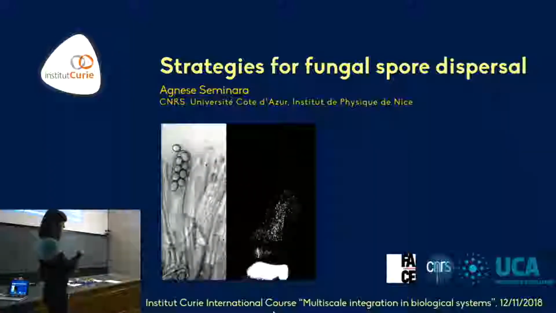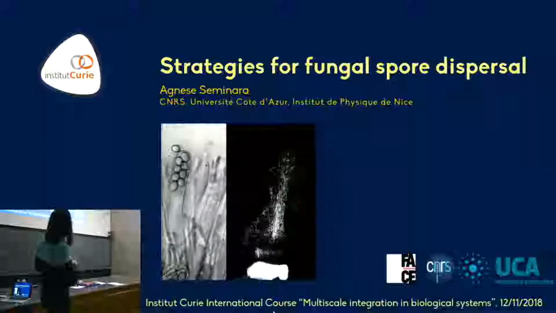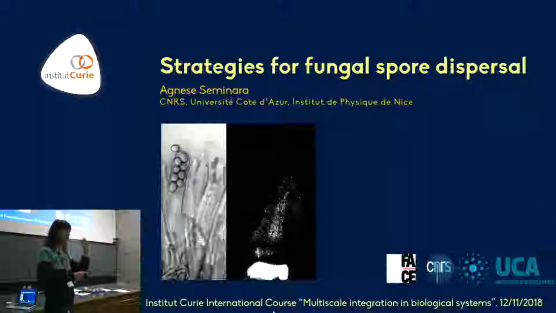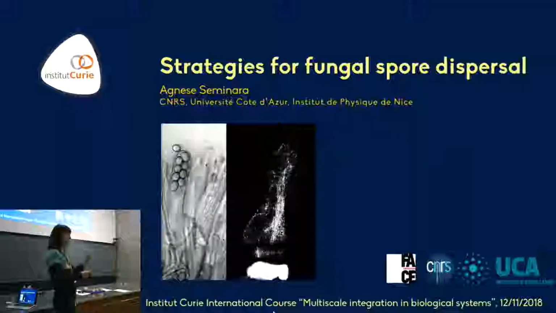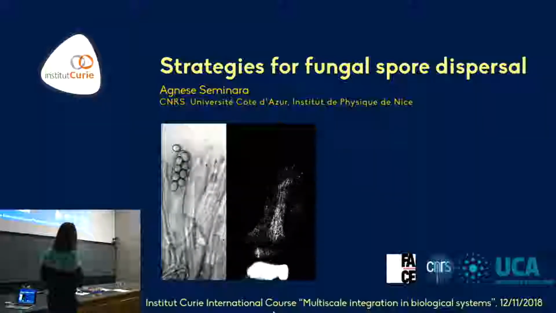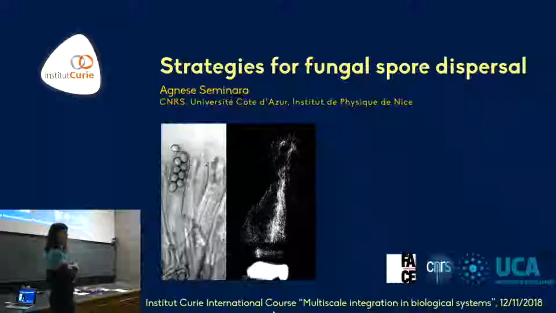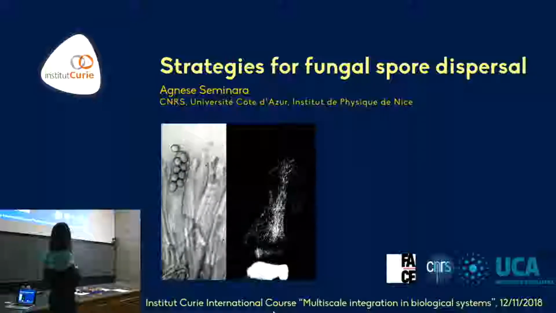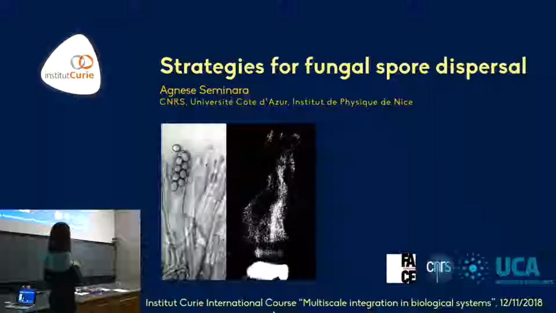I'm going to talk about fungi. I'll tell you why fungi are awesome, but just to illustrate what I mean by multiscale, these are spores. There are 8 spores. You know that fungi make spores. They are micron in scale. This is a fungus that ejects a lot of spores together.